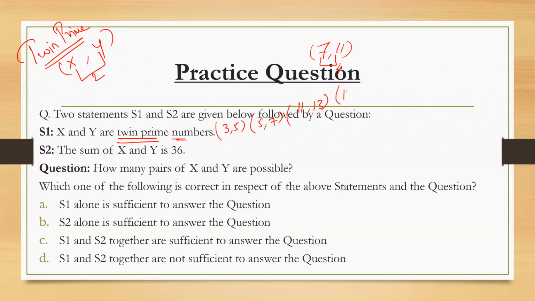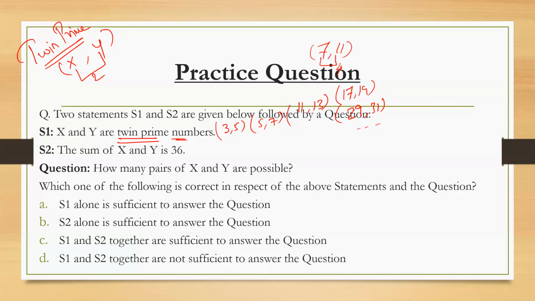Then 17, 19 is possible. Then 29, 31 is possible, and so forth. So there is no limitation to twin prime numbers. It can go on.